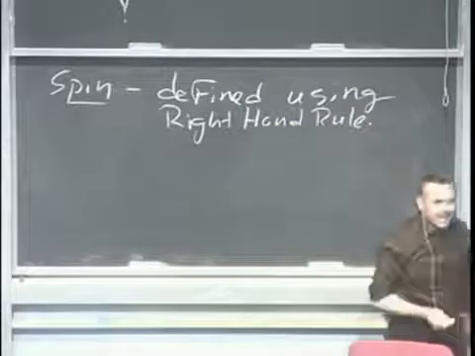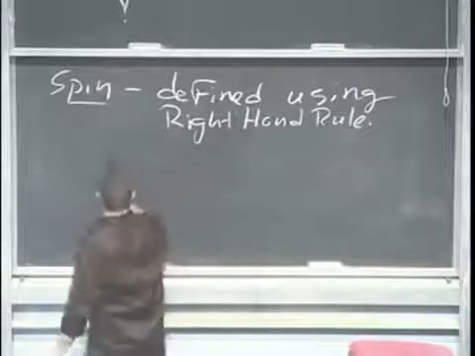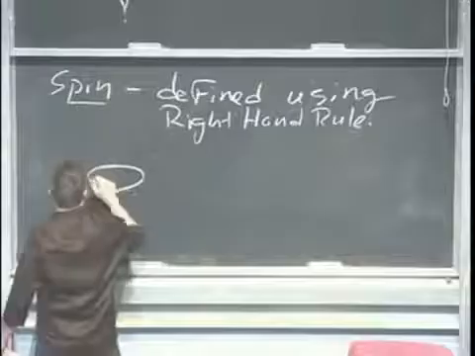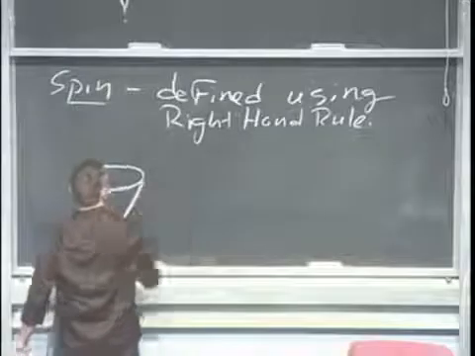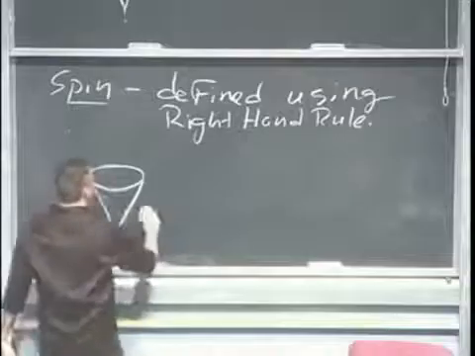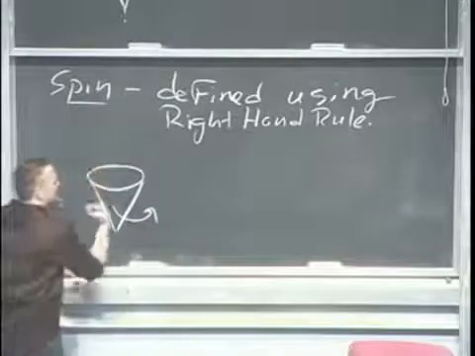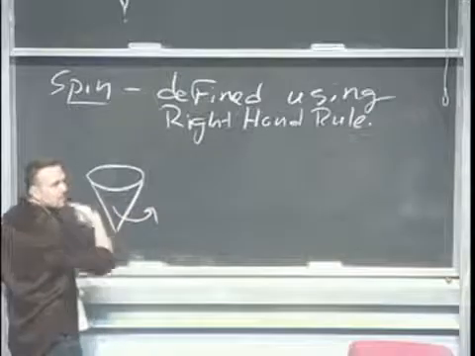Okay. And let me show you what that is. Okay, here is our top. And let's say for this first example, we're going to have it spinning around in this direction. So this is the direction it is spinning.